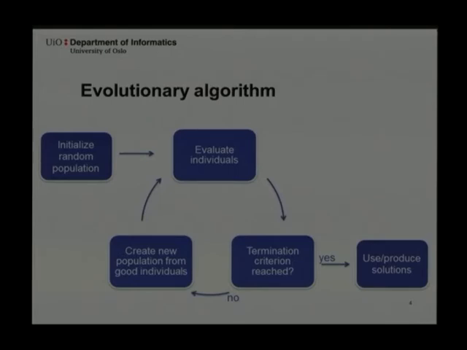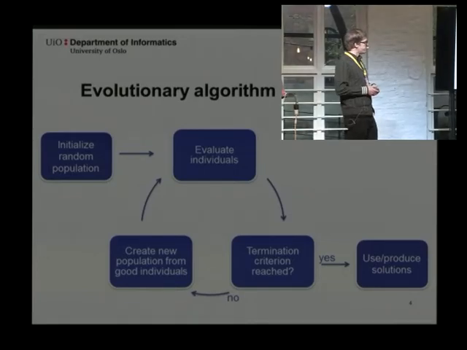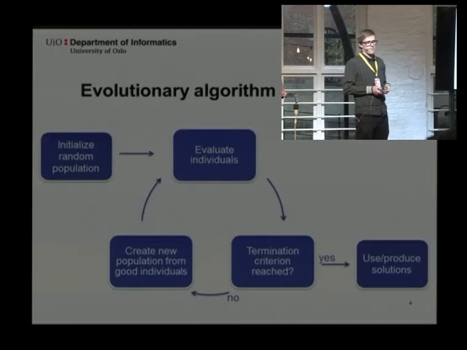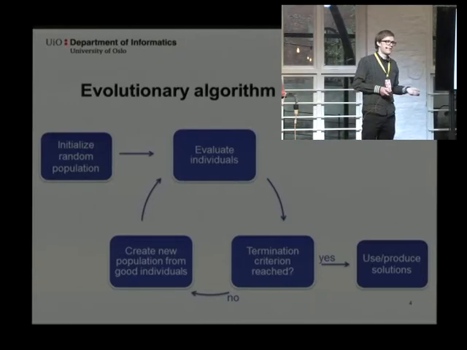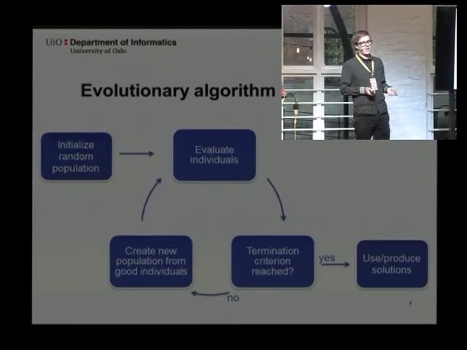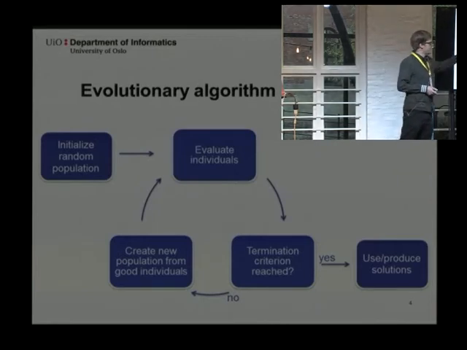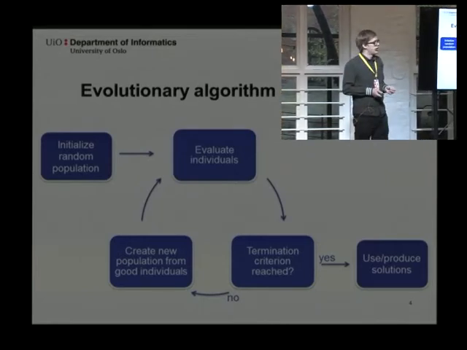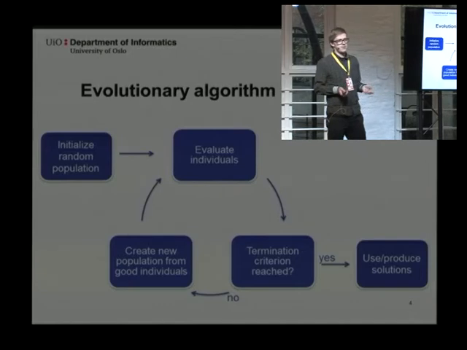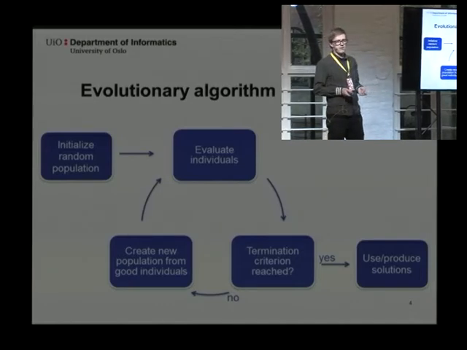I won't go too far into the details, but this is what an evolutionary algorithm looks like. You start by generating a lot of random solutions to your problem. And then, of course, some of them are really, really bad. They don't work at all. Some of them might work a little bit better. So what you do is test all of them, and you find out that maybe this solution works a little bit better than the other.